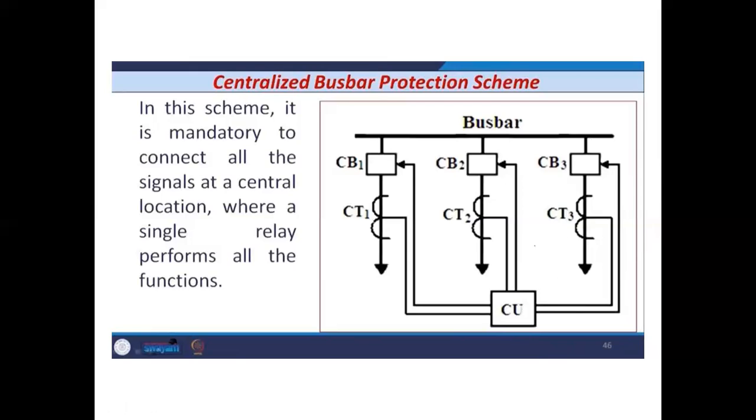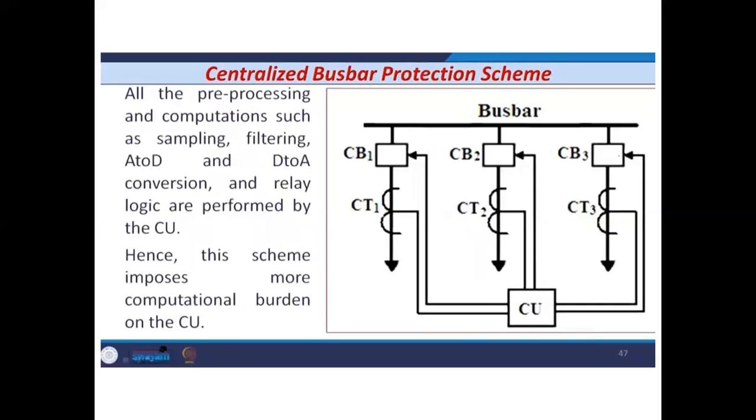In this scheme, it is mandatory to connect all the signals at one central location. A single relay performs all the calculations: all the pre-processing and computation, such as sampling, filtering, analog to digital conversion, digital to analog conversion, and the relay logic.